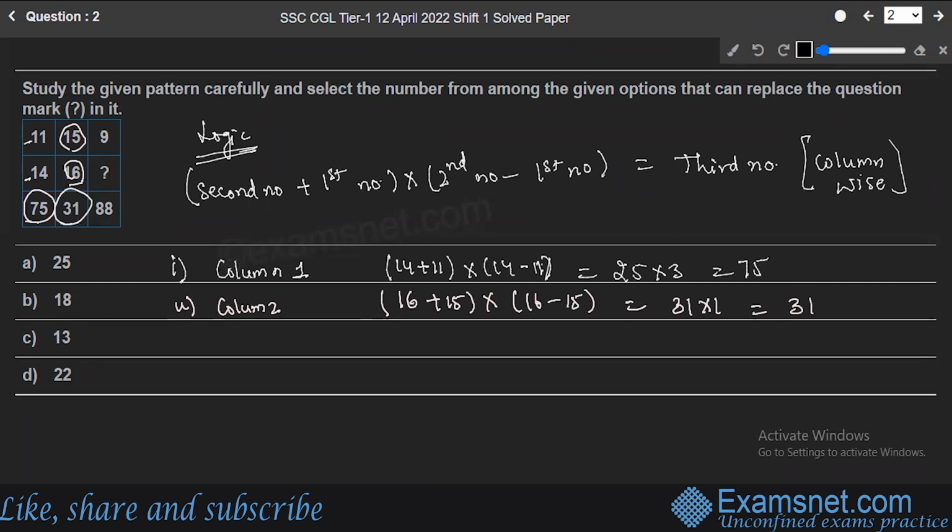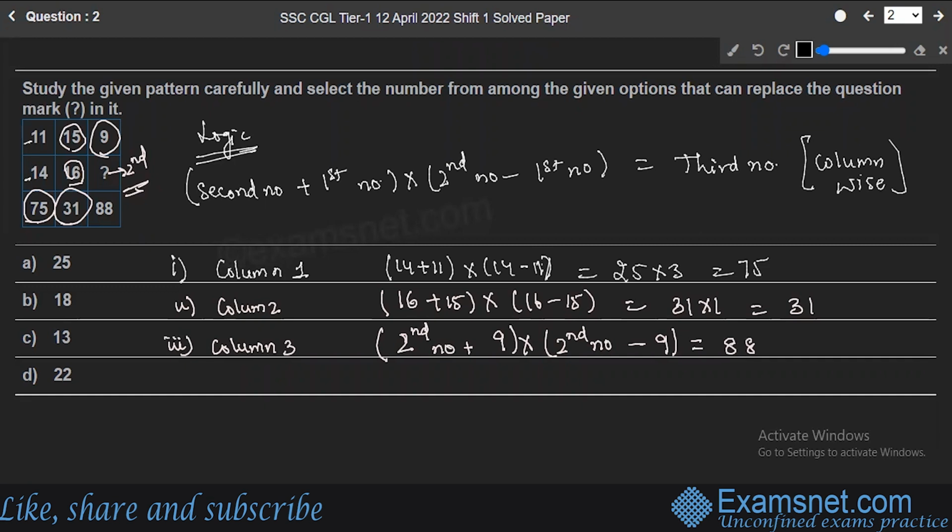So now here is the second number which you have to find out. This 9 is the first number. Correct? So in the third column, what do you have? In column 3, second number plus first number, that is 9, multiplied by second number minus first number, which is 9, is equal to 88.